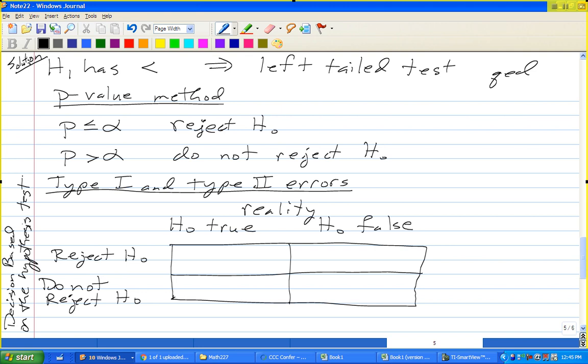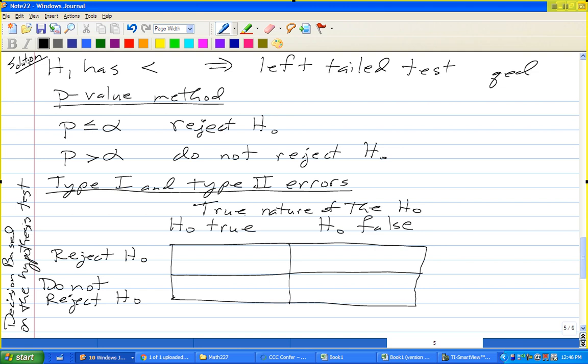And this is the true nature of the null hypothesis. So it could be that the null hypothesis really is true, or it really is false. Of course, in reality, we never know that. But the null hypothesis is either true or false, and we perform some hypothesis test.